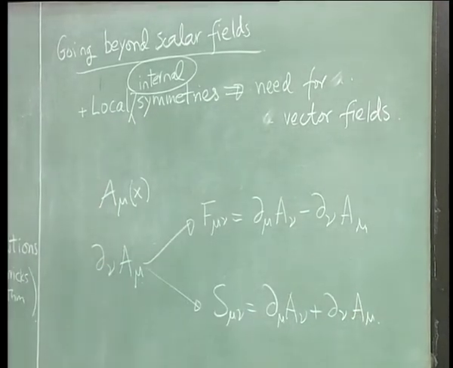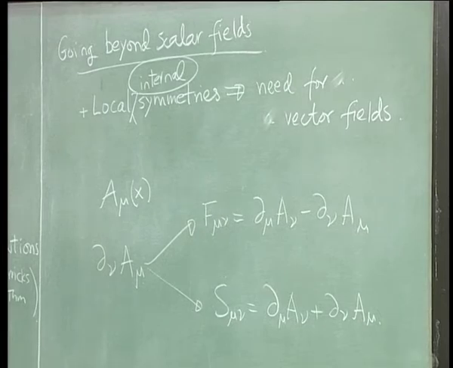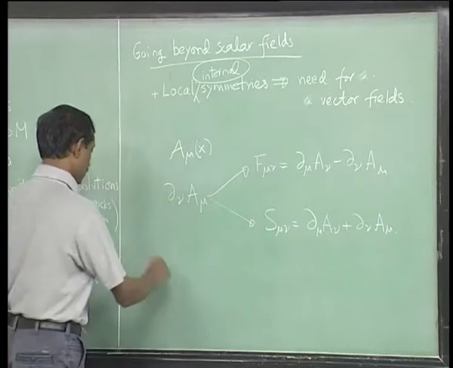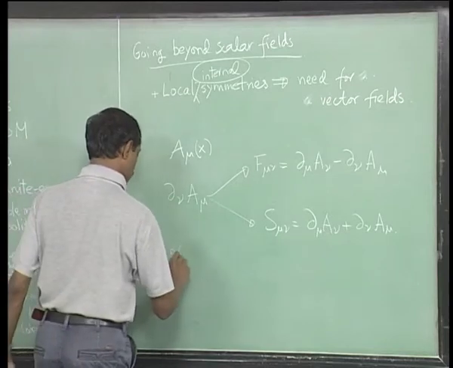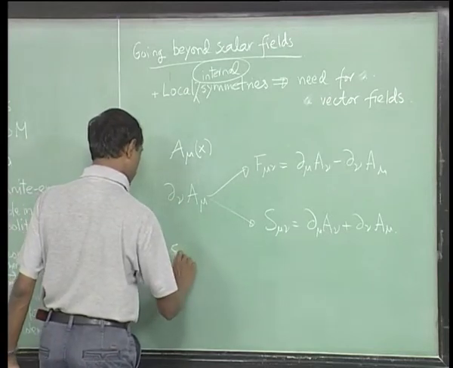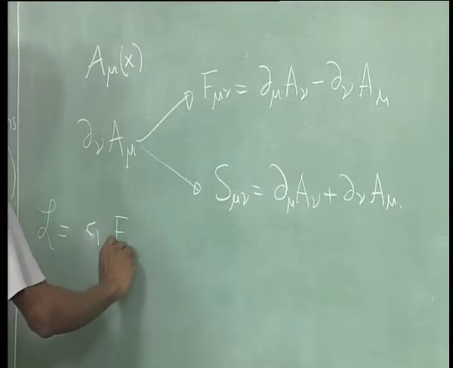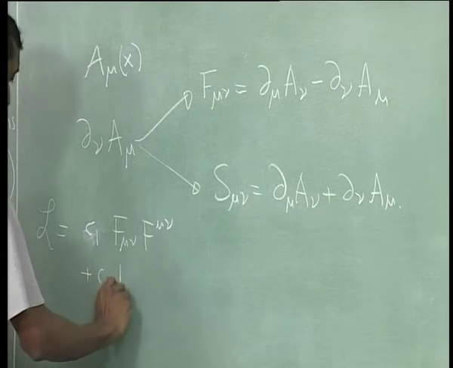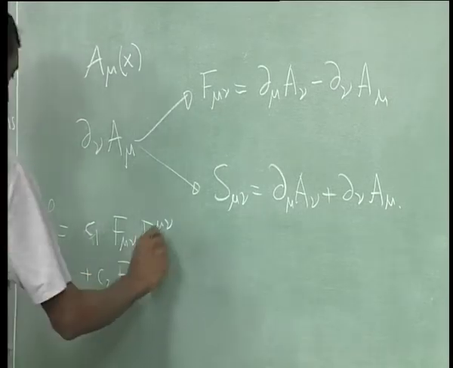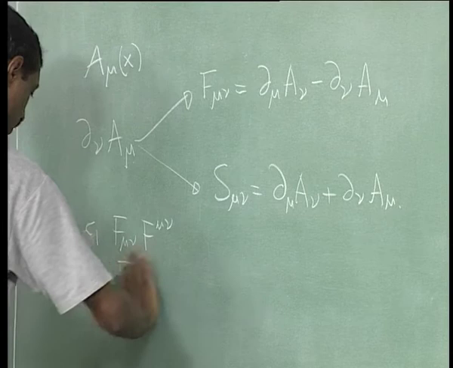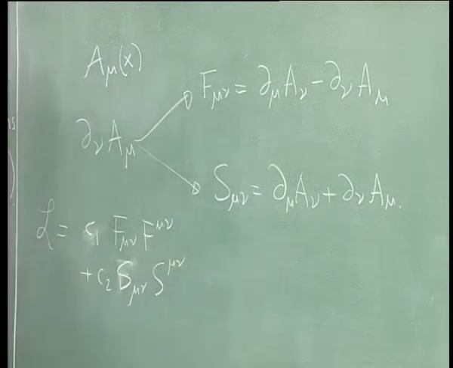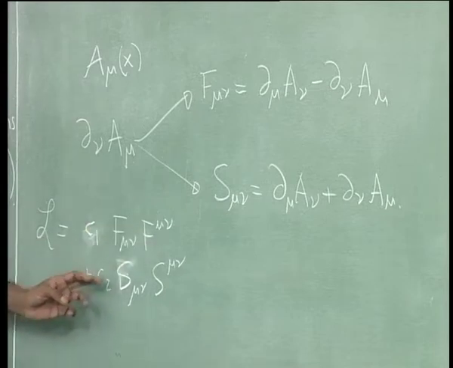So, if I try to write out the most general Lagrangian, which would involve two derivatives of these things, it would have some coefficient, let us call it C1, times F mu nu squared, plus C2 times S mu nu S upper mu nu, and you cannot have a cross term because that vanishes.